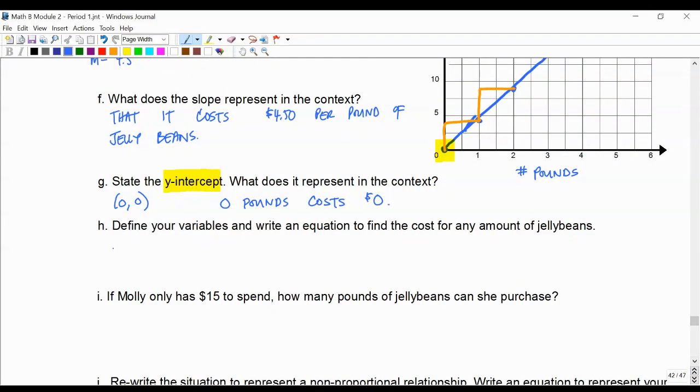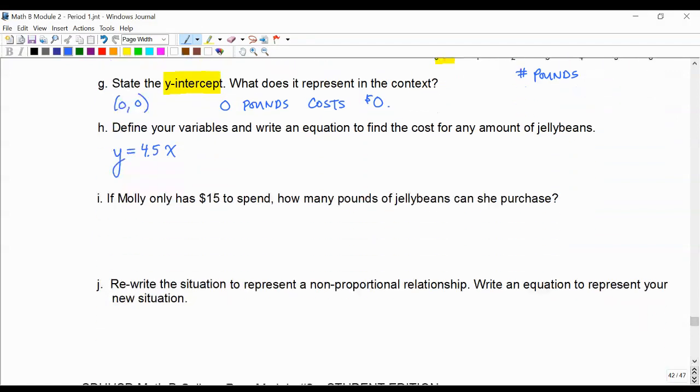Next, we're going to write an equation. So if it's proportional, it's going to be y equals blank x, versus non-proportional, which was y equals blank x plus something else. And the value here is our constant of proportionality, or our rate of change, which is 4.5. We've already defined the variables, by the way, so we're not going to do that.